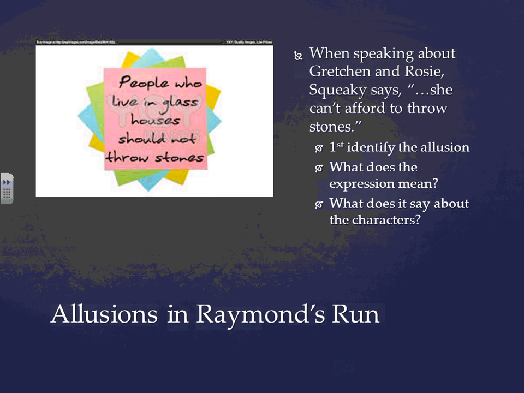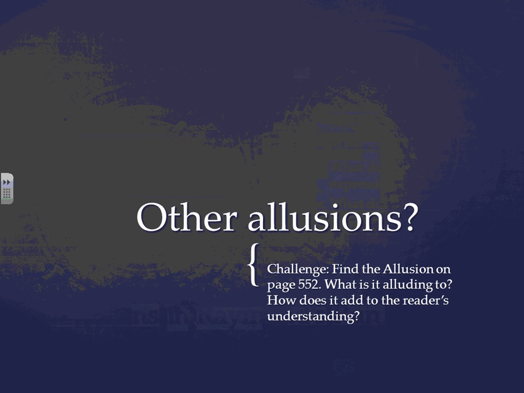She is realizing at a very young age that while she is judgmental, people shouldn't be judgmental. People shouldn't say just hateful things unless they're willing to open up basically their closet to everyone's inspection. So, it says a lot about Squeaky. It speaks to her maturity level, and doesn't speak well of Gretchen and Rosie.